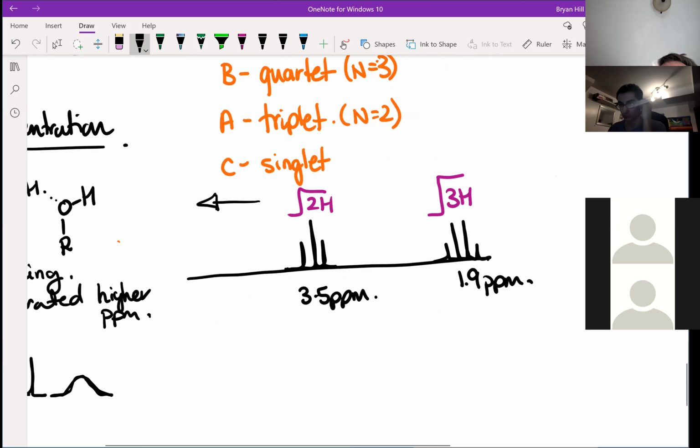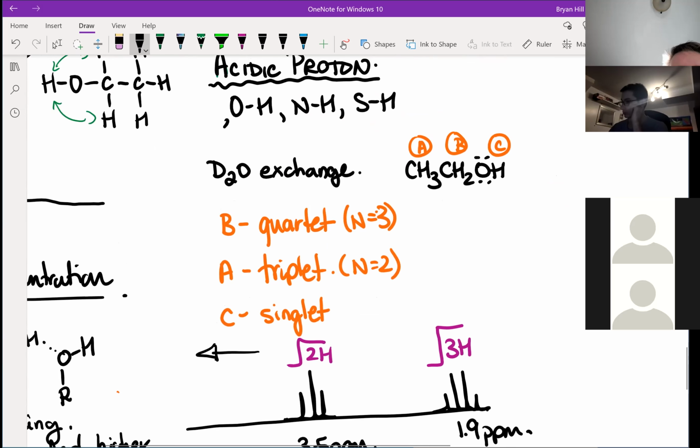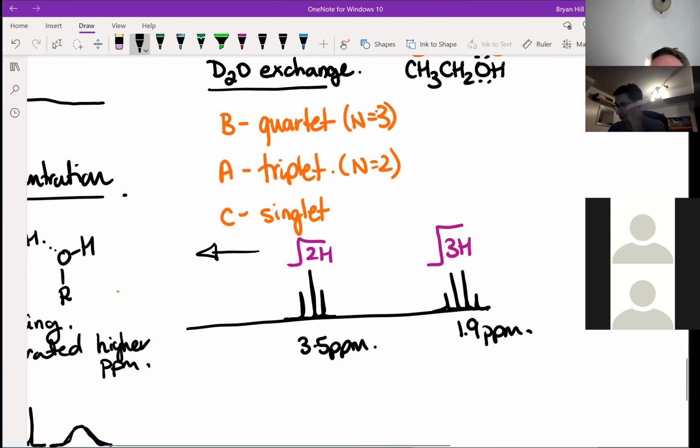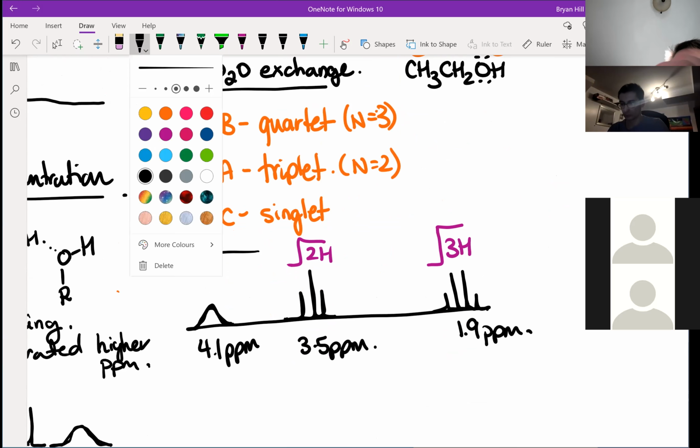But the whole point of this experiment was D2O exchange. If you run your sample in chloroform, and let's say it was a relatively concentrated sample, we had a peak over here, let's say 4.1 ppm, that integrated to 1H.